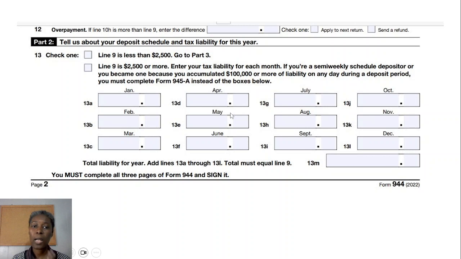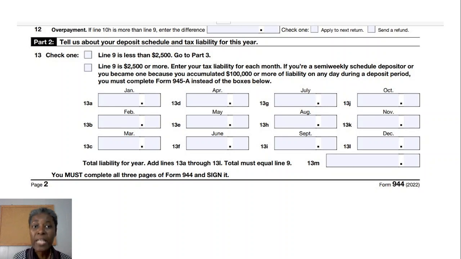So if your line 9 will be $2,500 or more, it might be a good idea to make your payroll deposits based on your deposit schedule. Because if you check the second box and you show your liability by month, the IRS will compare that to how often you make your deposits, to see if some of them were deposited late and could charge you a penalty or interest on those late payments.